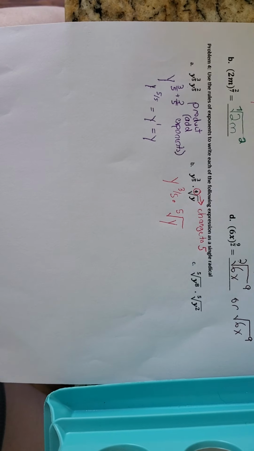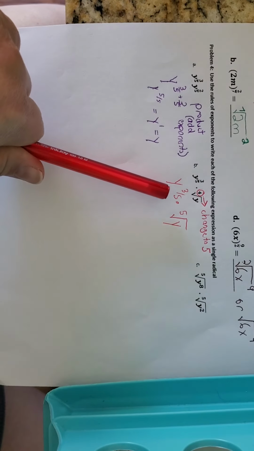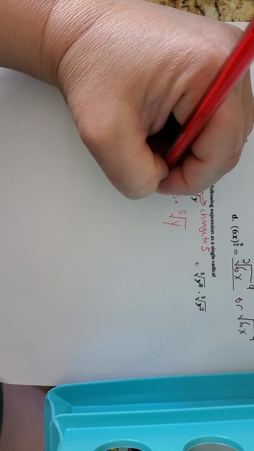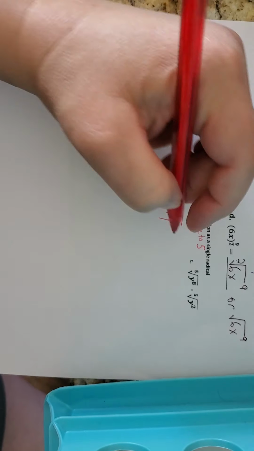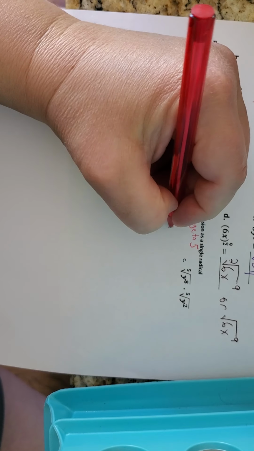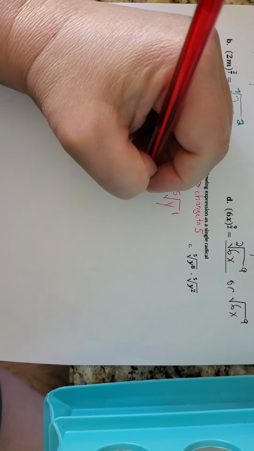I'm going to turn this radical form into rational exponent form. So I'm going to keep my first one the same. And if there's no exponent here, that's an automatic 1. This exponent is the numerator. This 5 is the denominator.